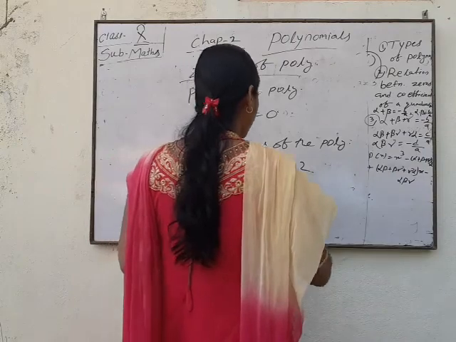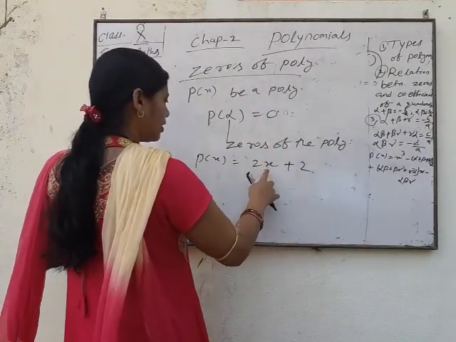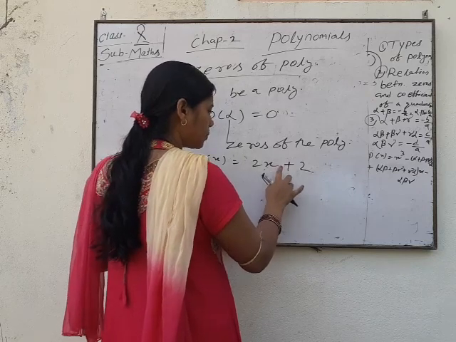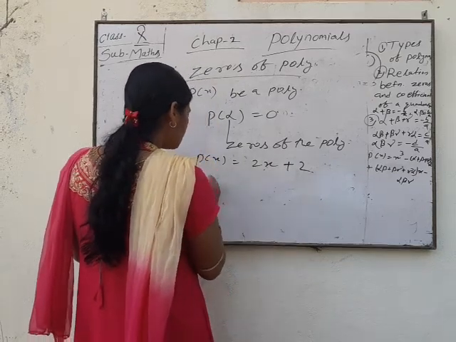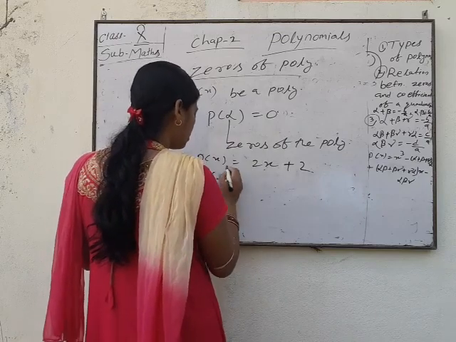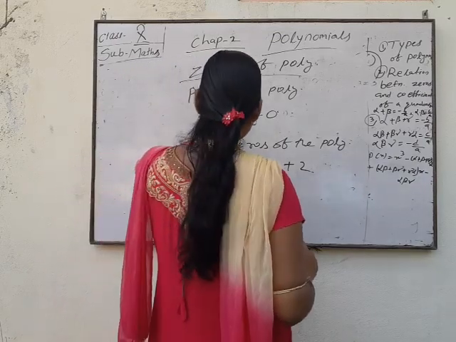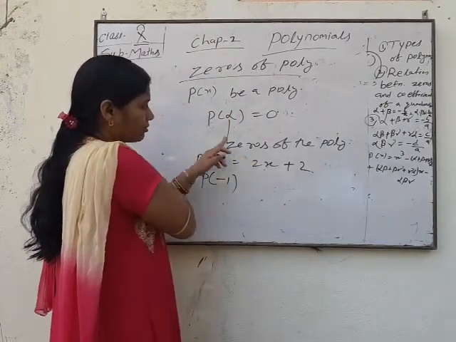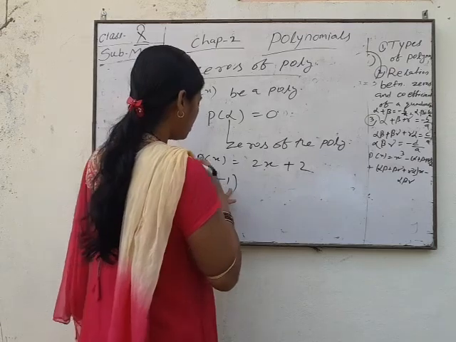Now, look here. What is the zero of this polynomial? If you put alpha, your given number, suppose that your value of alpha is equal to -1. Alpha is any real number, p of -1.